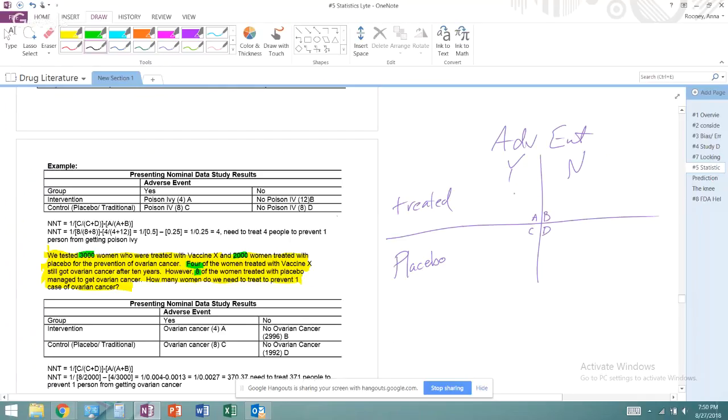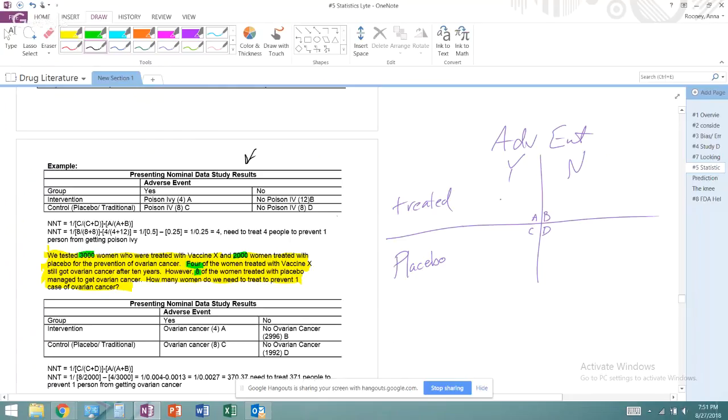So in this study, they gave people a poison ivy treatment or placebo, and then some people were cured of their poison ivy and some weren't. So we want to see if the treatment worked and how well it worked, essentially by figuring out how many people we have to treat according to this study.